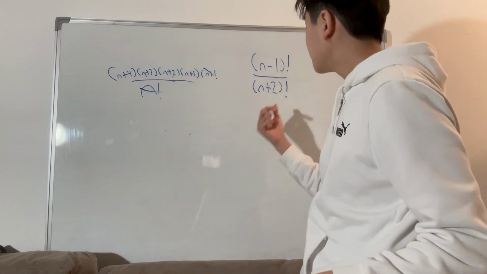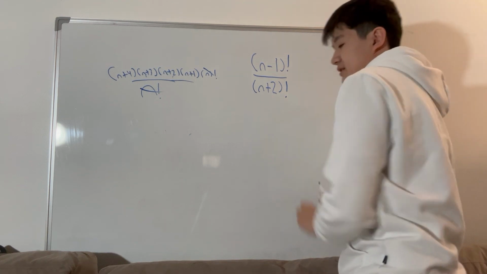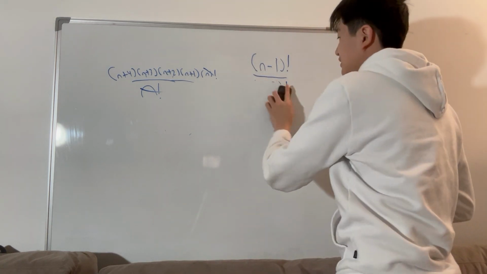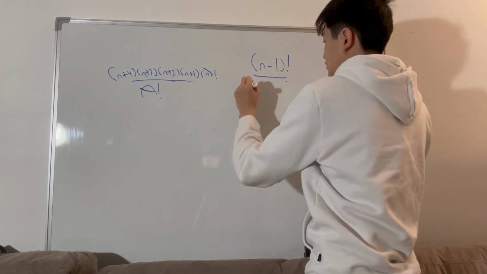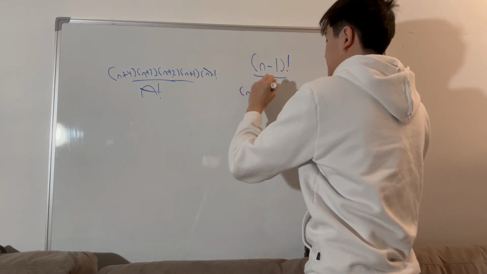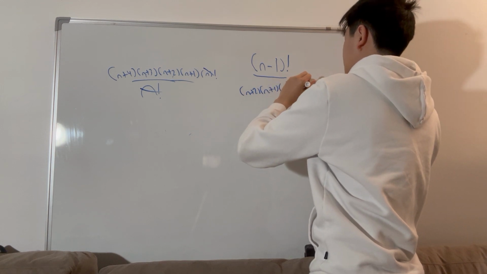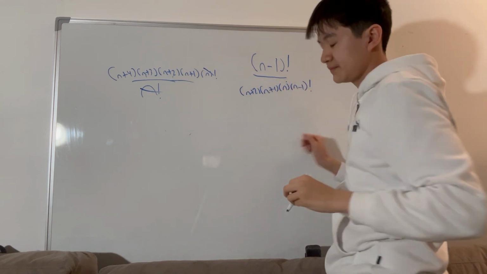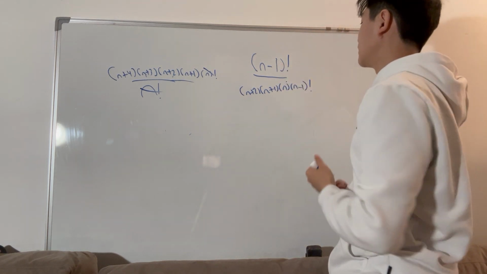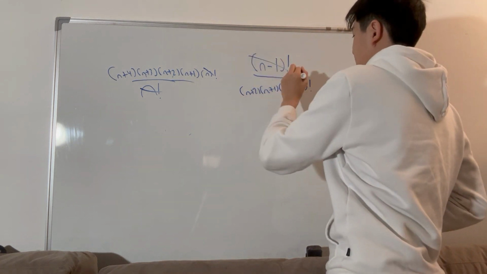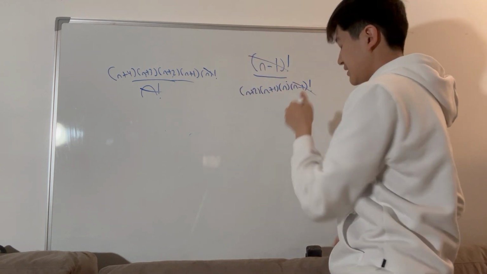At the bottom, n plus 2 factorial is greater than n minus 1 factorial, so we're going to expand this out. n plus 2 factorial is the same as n plus 2 times n plus 1 times n times n minus 1 factorial. Once again, you can cancel out n minus 1 factorial, and you're left with your answer, 1 over n plus 2 times n plus 1 times n.